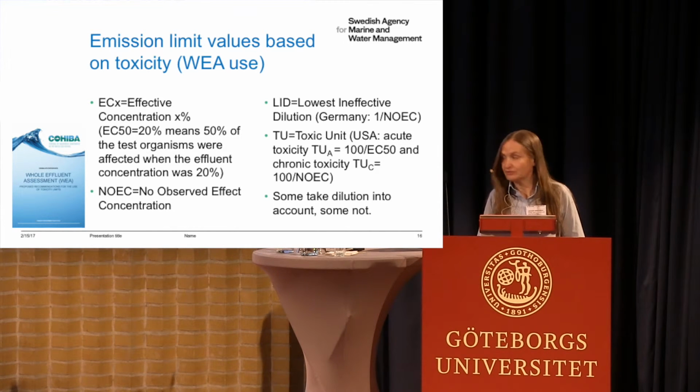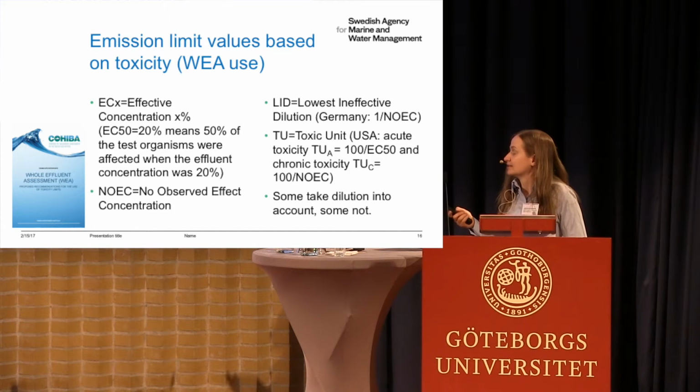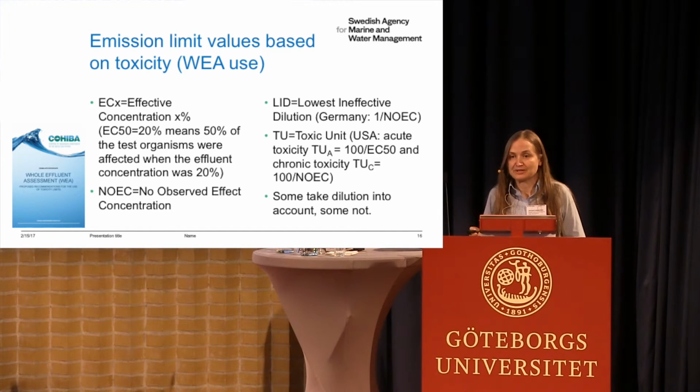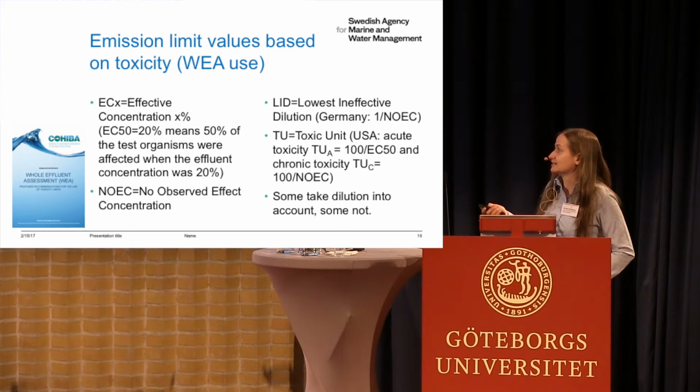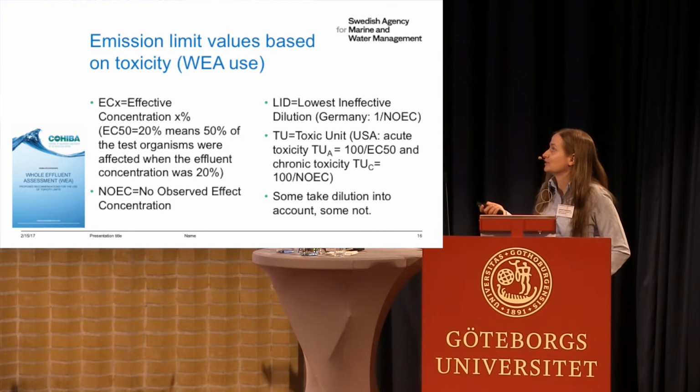But actually, from the COHIBA report, they also checked in different countries how they actually regulate the effluents if they have used toxicity tests. A common way is to express an emission limit value as an effective concentration for a certain percent.